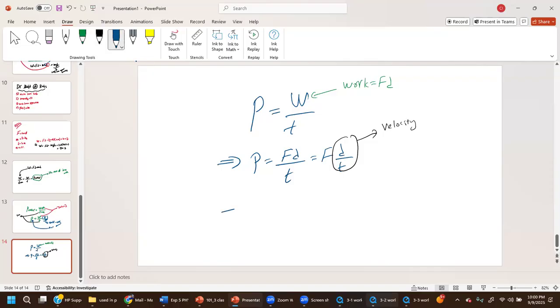And we actually defined the distance over time as your velocity in the beginning of this course, which means that this power is going to equal that force multiplied by the velocity.